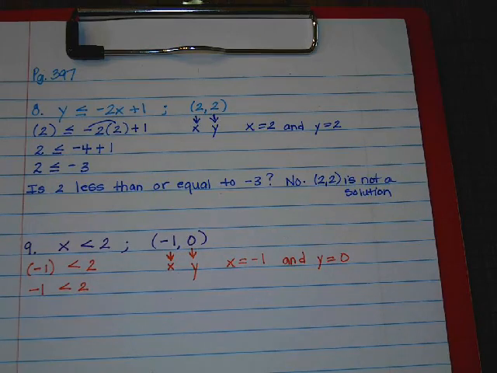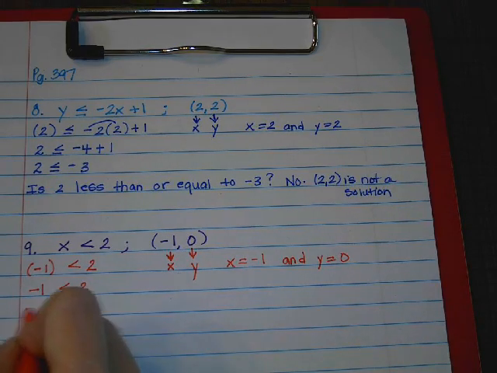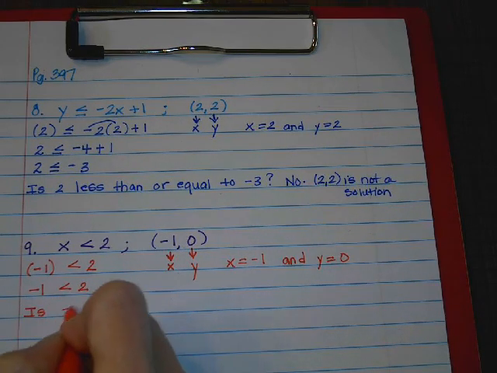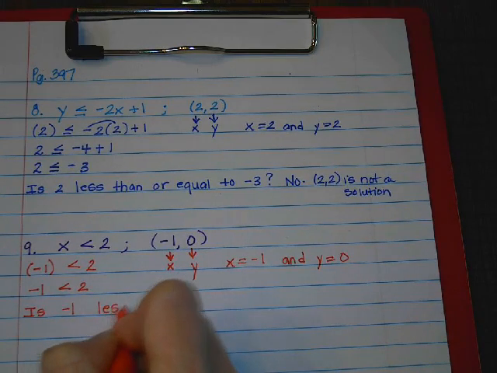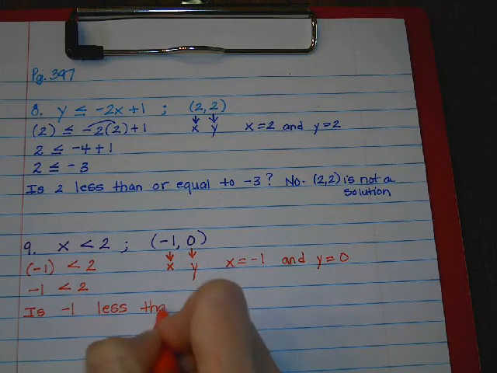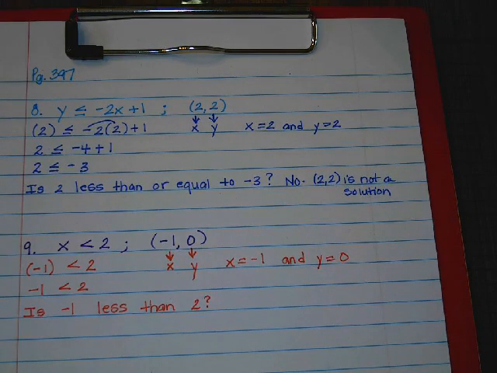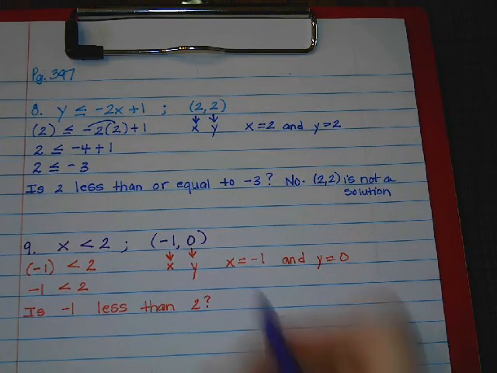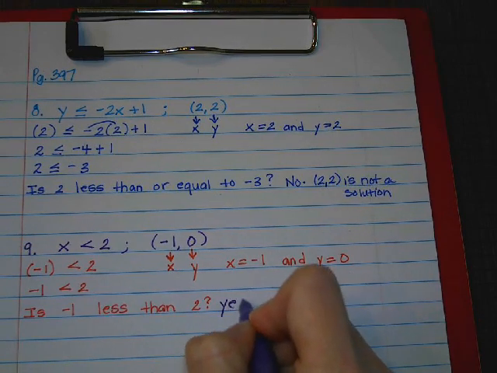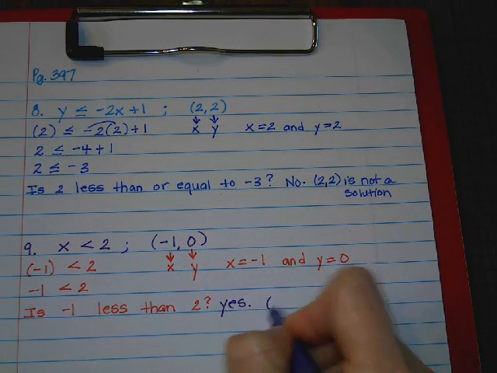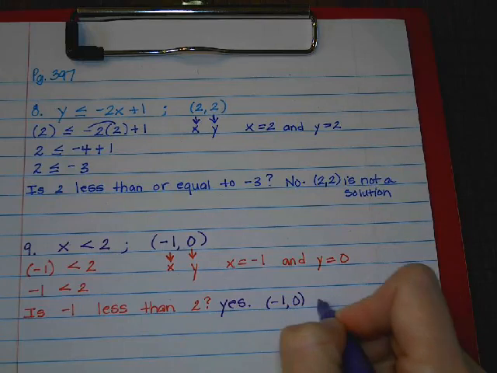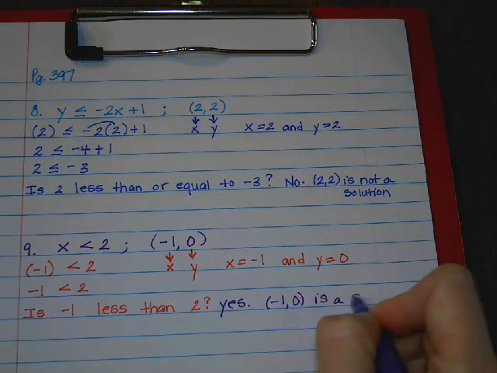And we bring down the less than and the 2. So the question is asking, is negative 1 less than 2? What do you think, Mia? Is negative 1 less than 2? You're correct. Yes, it is. So this means that negative 1, 0 is a solution.